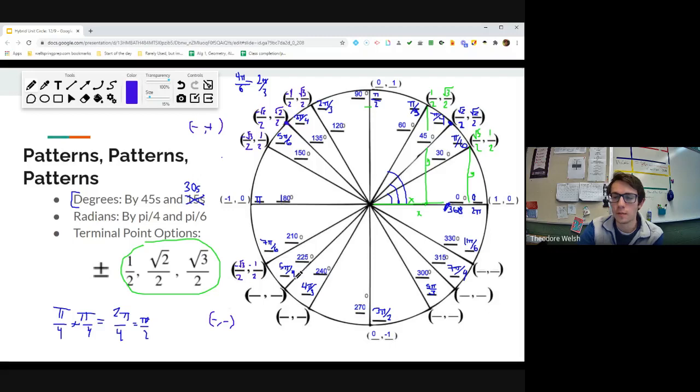For 5 pi over 4, it's a 45-degree type angle. So it'll be negative root 2 over 2, negative root 2 over 2. So again, the same as the corresponding one, just match the signs because they both have to be negative here.